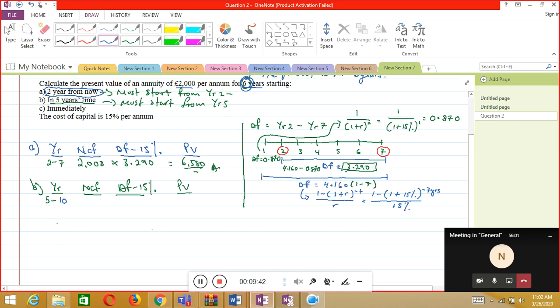Yes. So it's 5 to 10. So this is still the same 2000, and you need to repeat the same step again, like how we did for the part A, the discount factor.